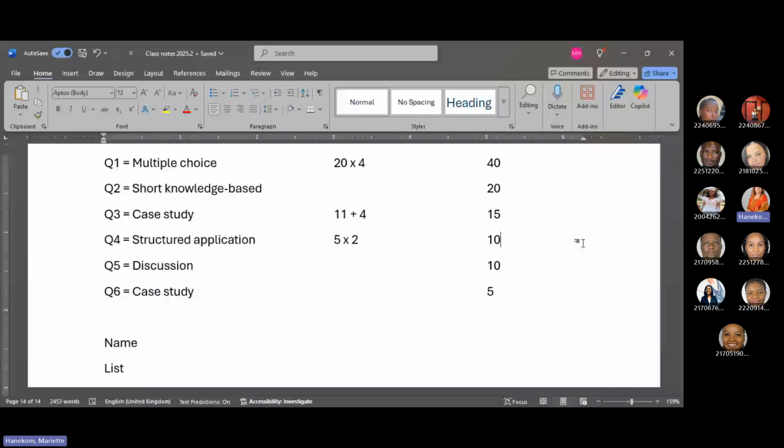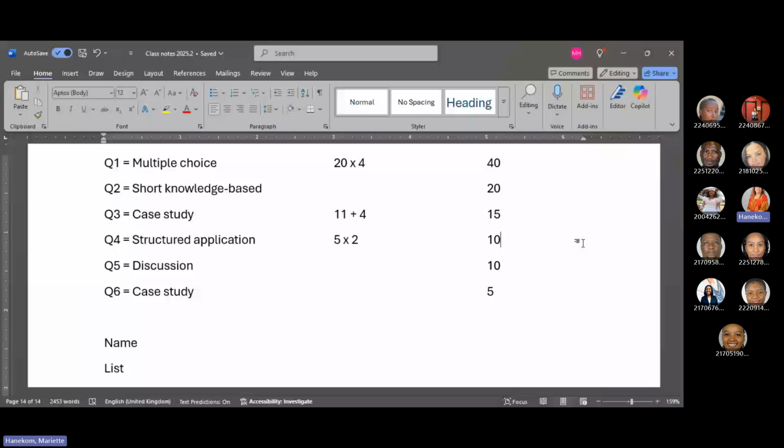Once again, what's your mark allocation? For 11 marks, if you only write three lines for a question that counts 11 marks, you aren't going to get 11 out of 11. For 11 marks, I'm looking for at least 5, 6, 7 lines, a little bit more detail.